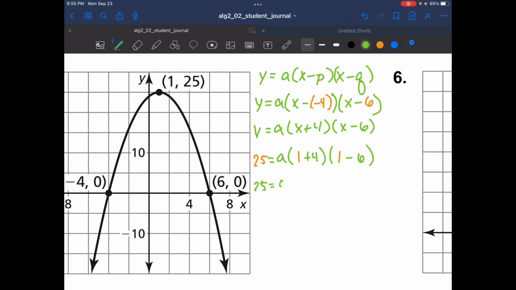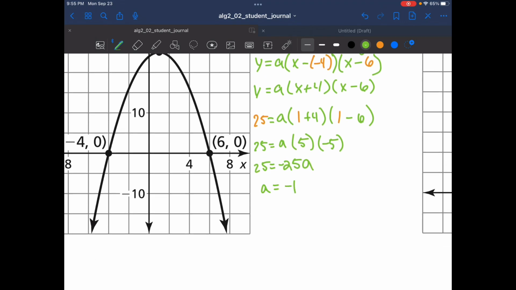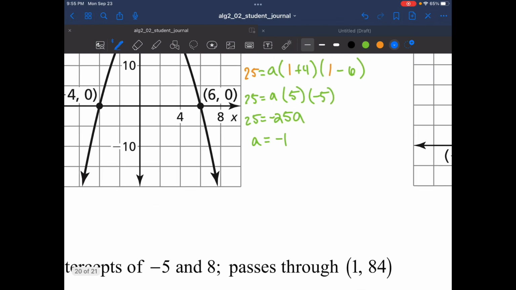So it's 25 equals a times 5 times -5, which is 25 equals negative 25a. So a is equal to negative 1. And then we can rewrite this as y equals negative 1 times (x + 4)(x - 6).